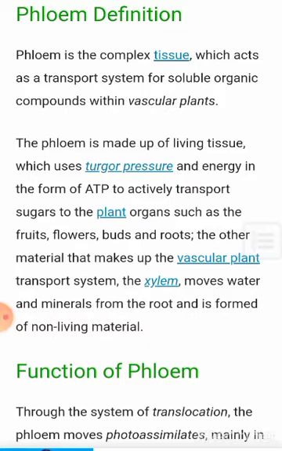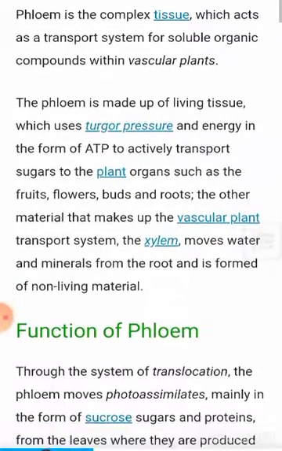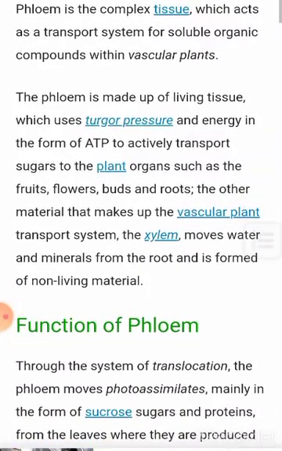It's made up of living tissue which uses turgor pressure and energy in the form of ATP to actively transport sugars to the plant organs such as the fruits, flowers, buds and roots.